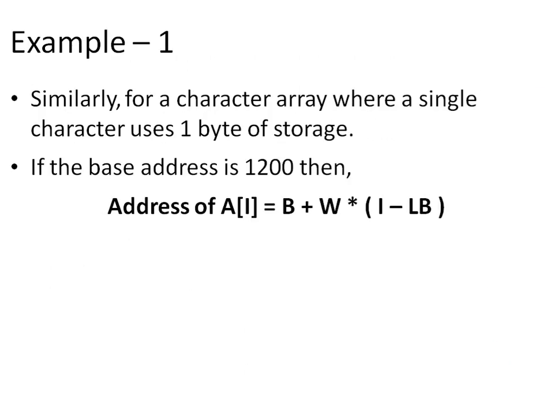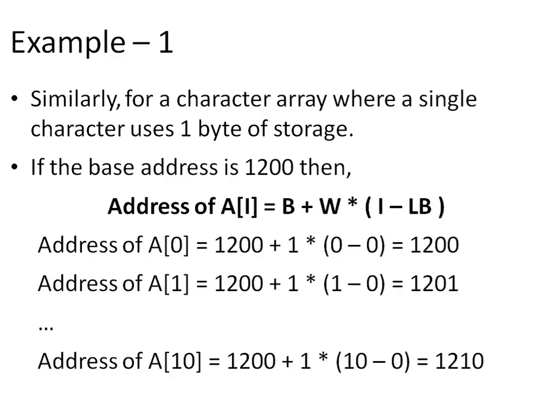If we consider a character which needs a single byte of storage and a base address given as 1200, then the corresponding addresses for elements stored at index positions 0, 1 and 10 can easily be computed using the same formula. Here also the lower bound, that is LB, has to be taken as 0 as it is not specified.